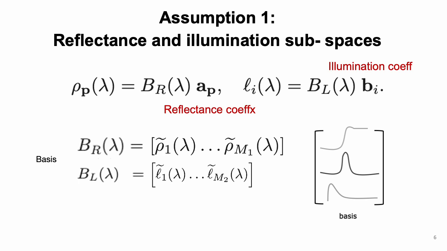The first assumption is that the reflectance and illumination spectra in the scene are well approximated by low-dimensional subspaces. With the set of bases Br(lambda) and Bl(lambda), reflectance and light spectra can be expressed as a weighted sum of the bases. Each weight is called a reflectance coefficient and an illumination coefficient.